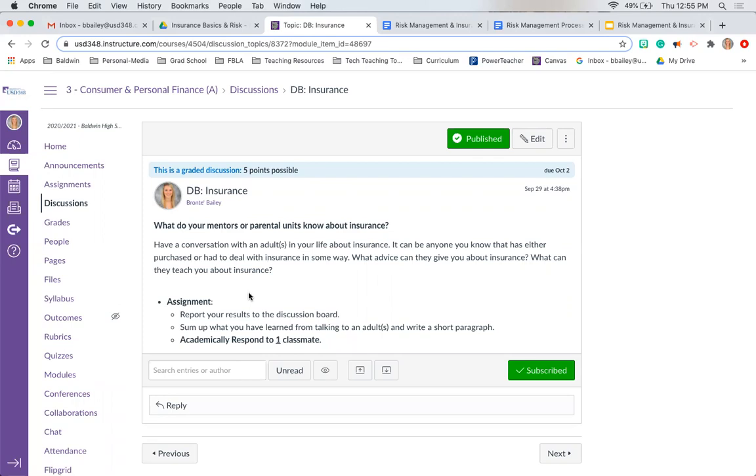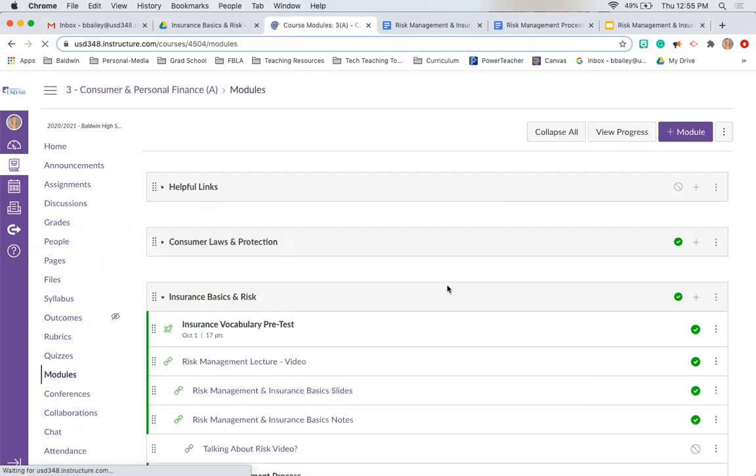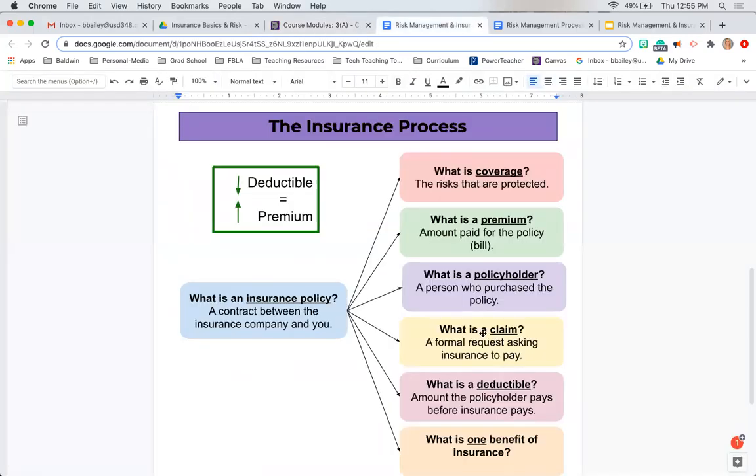So the more information you guys have going into adulthood, the better. All right, we're going to jump right into the rest of your notes. So go ahead and open the risk management and insurance notes so we can complete those.